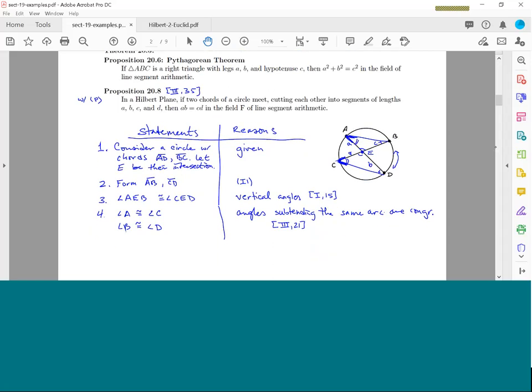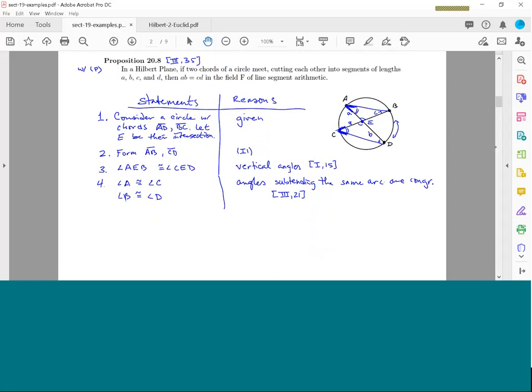Now, at this point, we've got three pairs of congruent angles. Anybody have a guess what the next step would be?